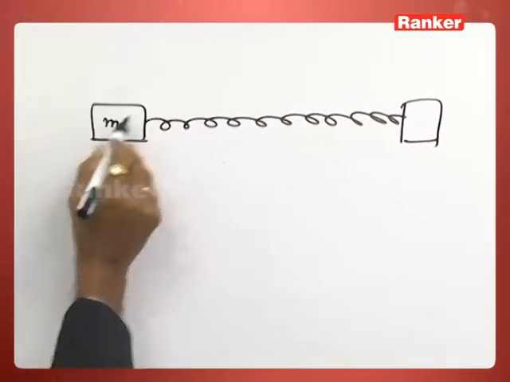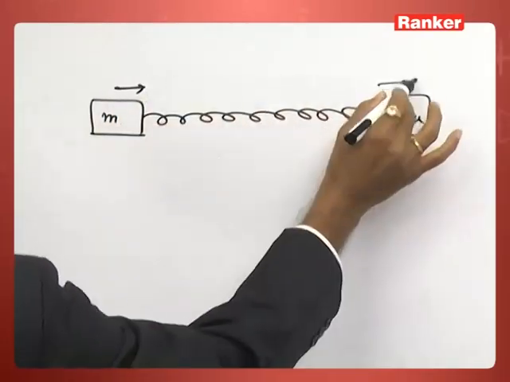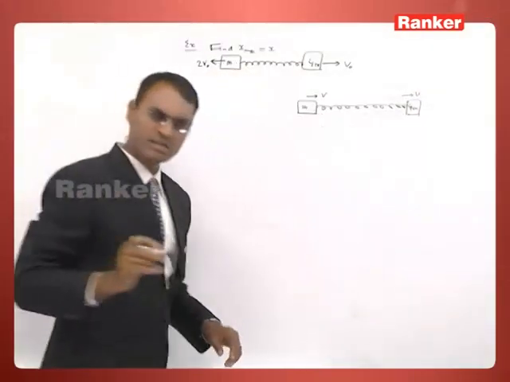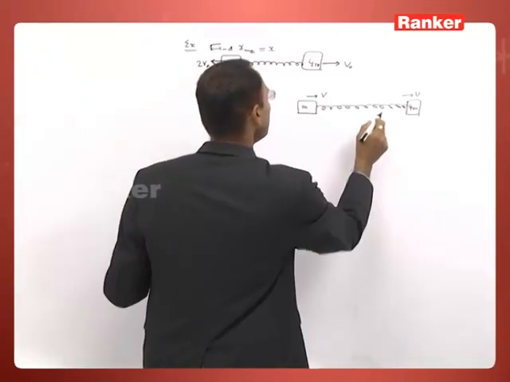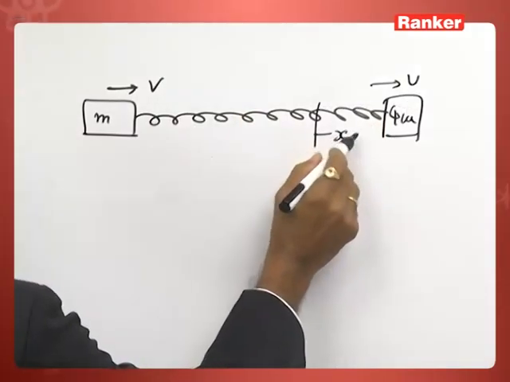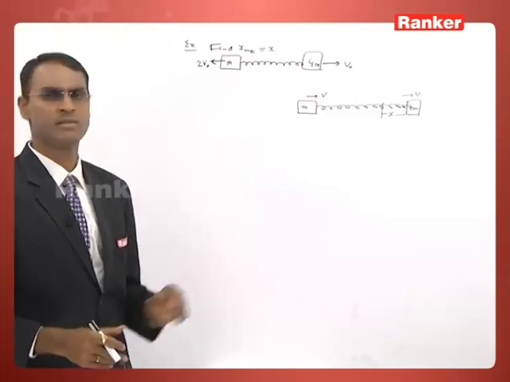Both the blocks M and 4M let move towards the right with velocity v. At that time, the elongation of the spring is maximum, let it be x.